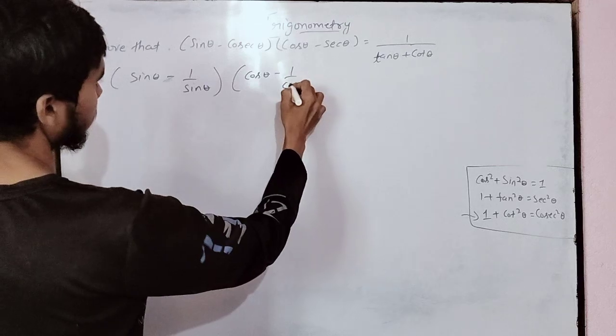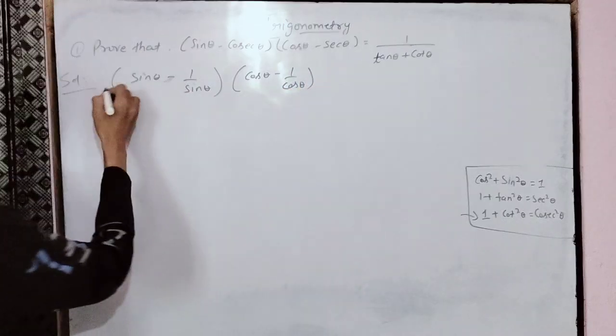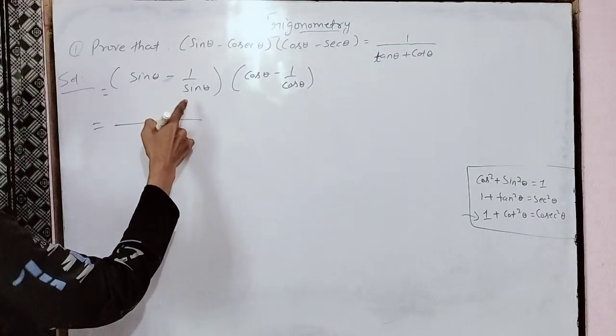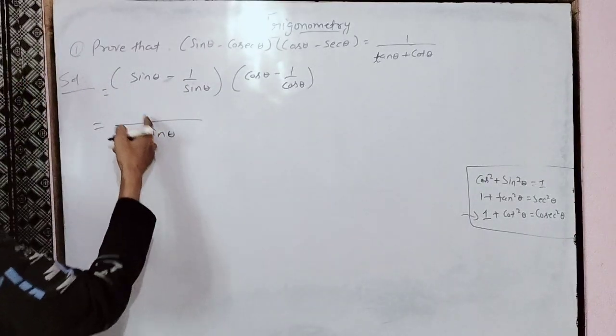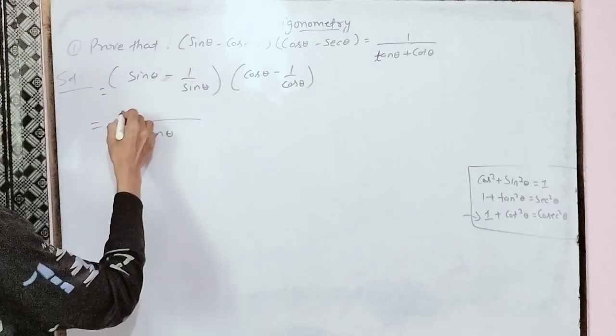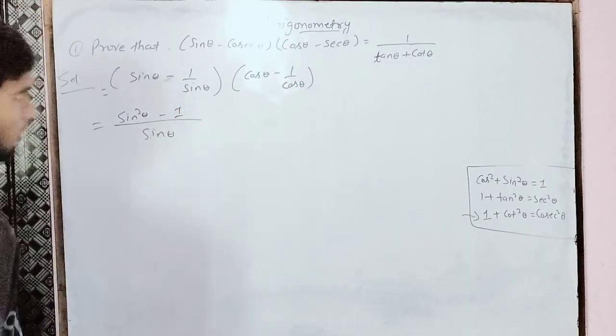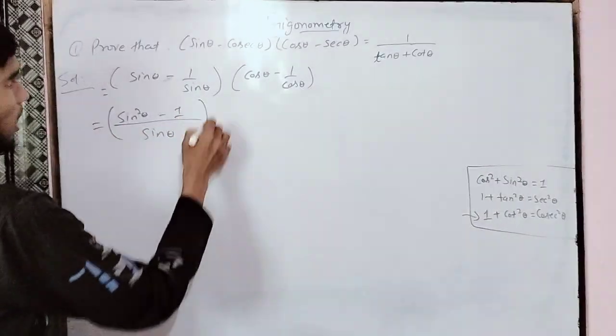Sin theta minus 1 upon sin theta, cos theta minus 1 upon cos theta. So here sin square theta, we have a fraction here. This is the same, that's why this will be as it is. So it is in a bracket.